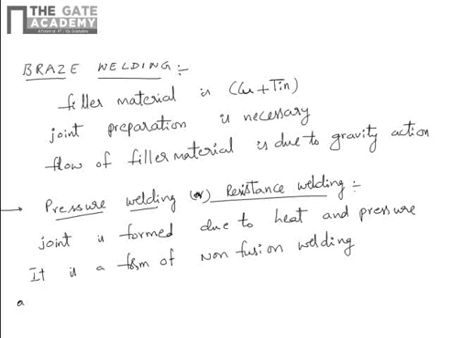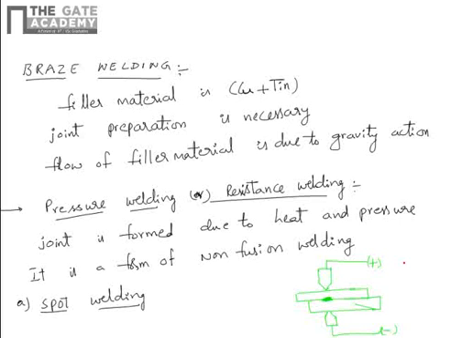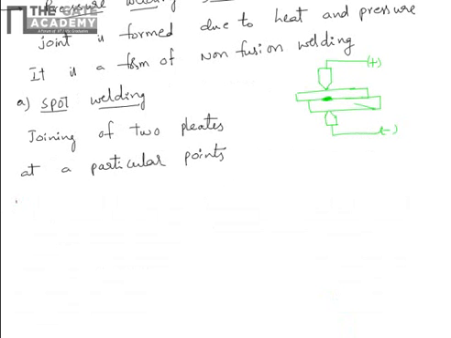One is spot welding. In spot welding, small projections are used. At a particular spot, supply power through the electrode, apply heat and pressure, and the joint will form.